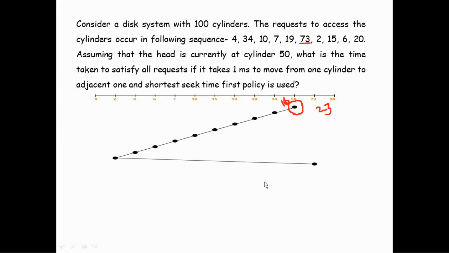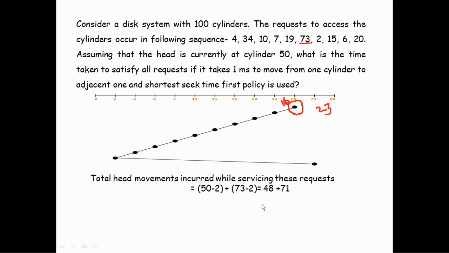Let us find the total head movements. Total head movements is subtract 2 from 50, then subtract 2 from 73. The value will be 48 plus 71, which is equal to 119.